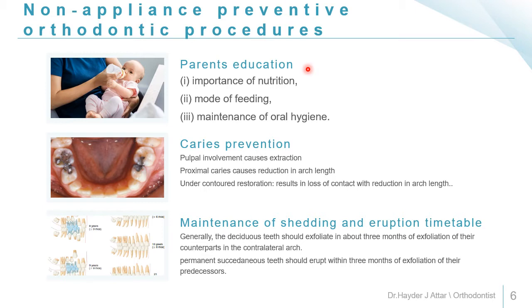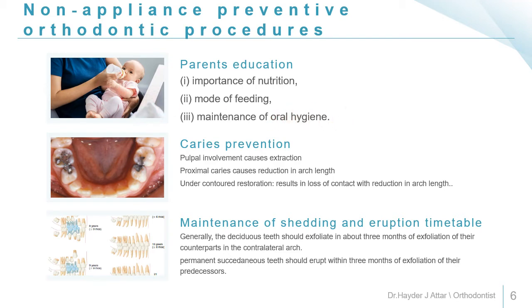The parent education includes educating and motivating the parent about the importance of nutrition for the child, from before the eruption of the primary teeth until the completion of the permanent teeth and the adolescent growth spurt, in addition to the mode of feeding of the child, the type of nipples used in the case of bottle feeding, and the use of physiological nipples for the bottles.